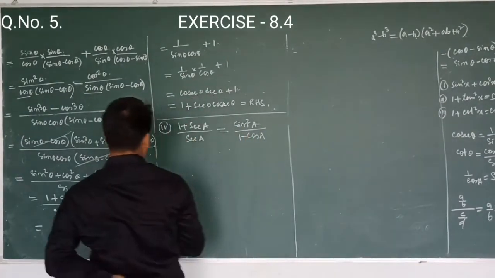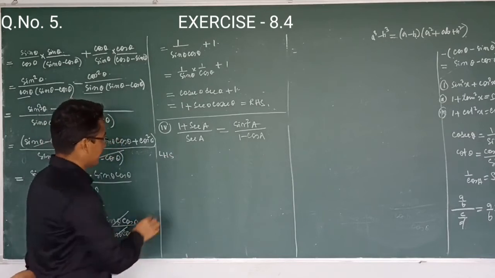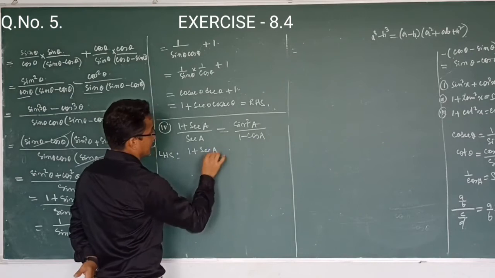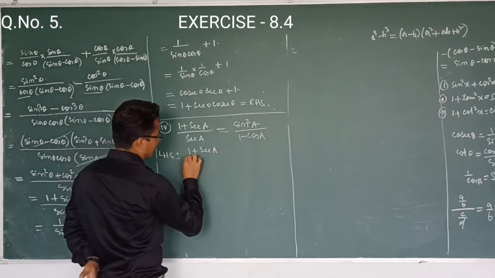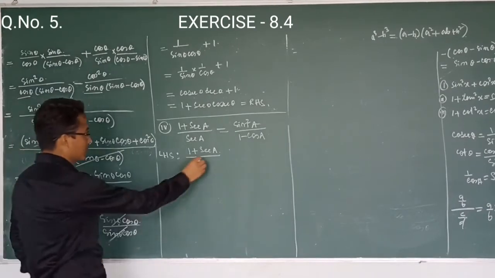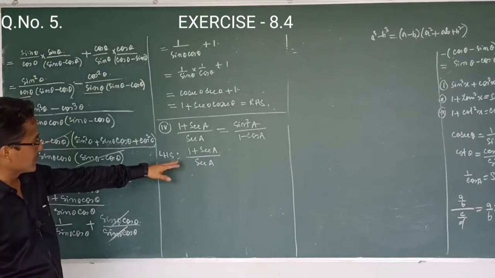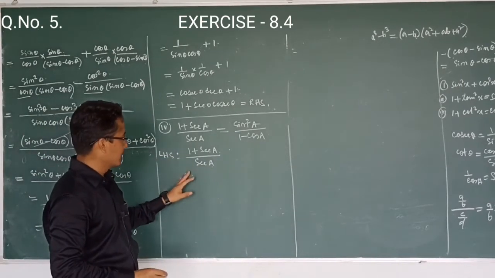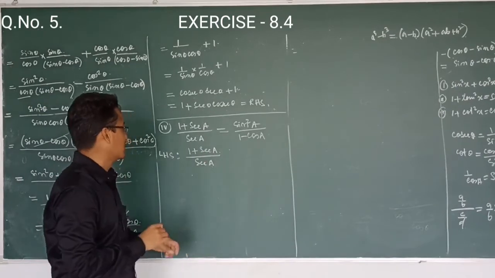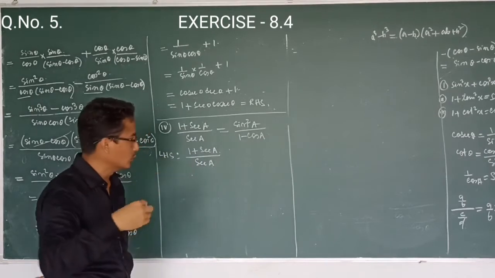Okay, here also we are taking the left hand side. Left hand side is equal to 1 plus sec a divided by sec a. As I said in the previous question, we always try to convert terms other than sin and cos into sin and cos. That means sec a we are going to convert to cos.